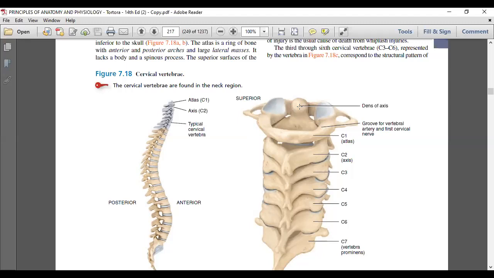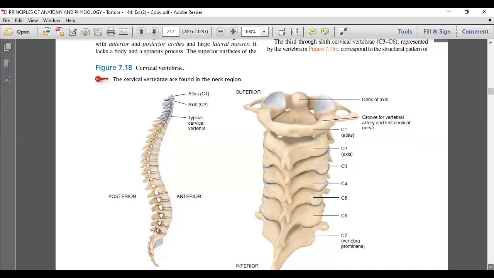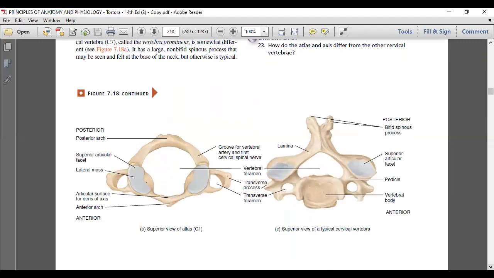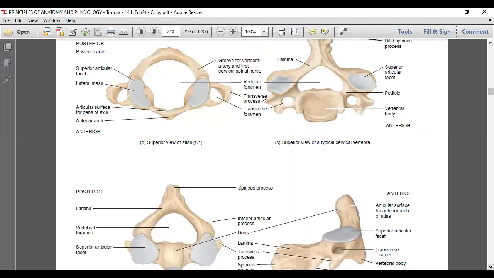And this is the axis. Okay, so this ring, what do you call it? Atlas. Above the ring, we'll find the skull. Okay, so this is the area. We have two joints there, isn't it? One is the condyloid joint and the other is the atlantoaxial joint, a pivot joint. So the facets are clearly shown.